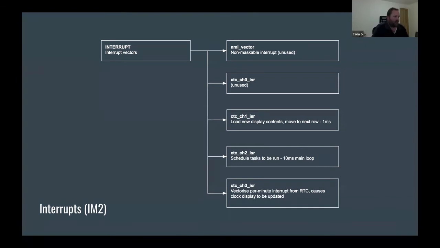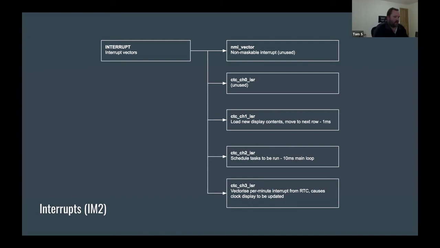Because I'm using interrupt mode 2, the regular interrupt vector is unused, in favor of having everything vectorized. Channel 0 of the CTC is currently unused. Maybe after a little bit of rejuggling I could use that spare CTC channel to drive the little speaker instead.